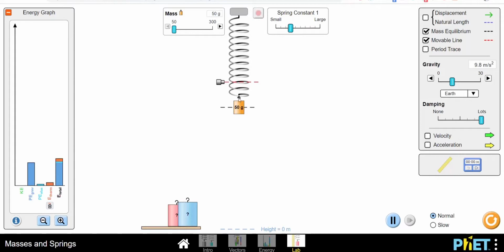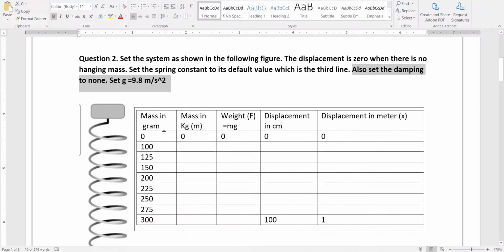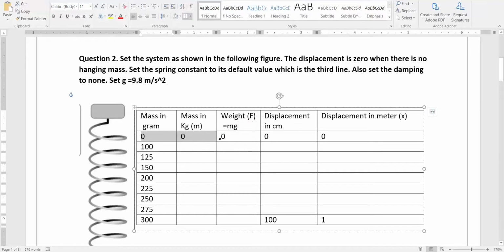If I get the zero mass, there is no displacement, so with the 0 kilogram mass, the displacement is 0. Then you need to change this gram into the kilogram, which will again be 0. Then you have to change this mass to the force, which is the weight, with the formula mass times g. This is again 0, so this entire row will be 0.